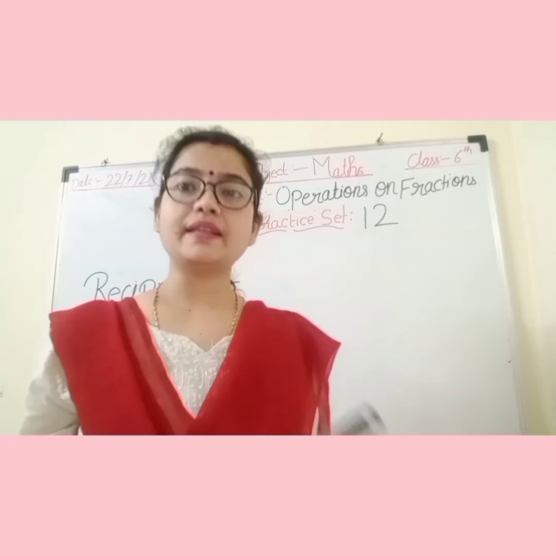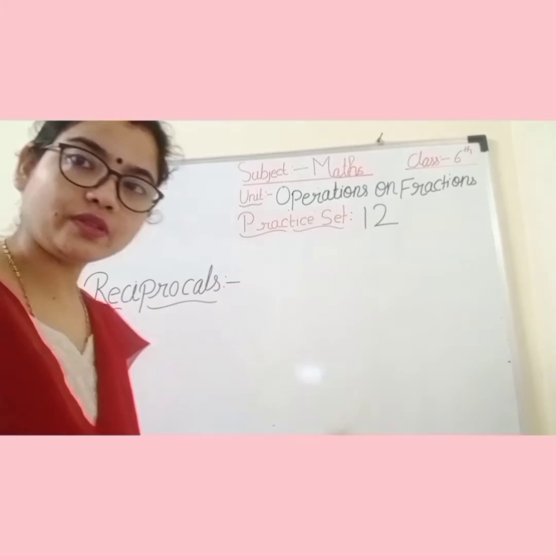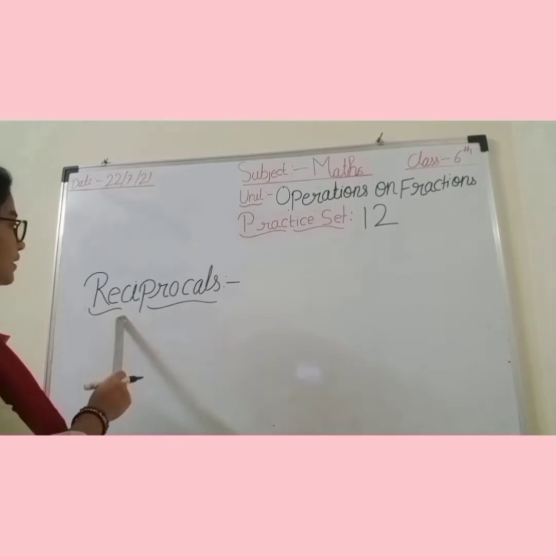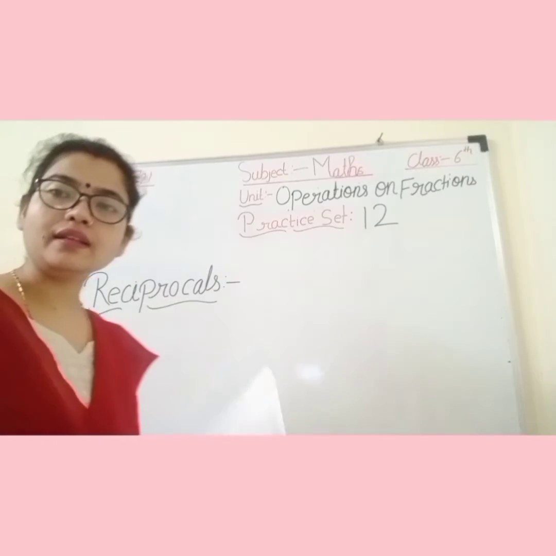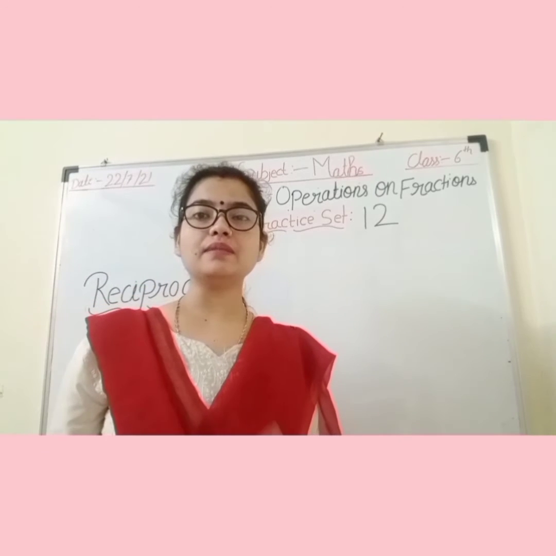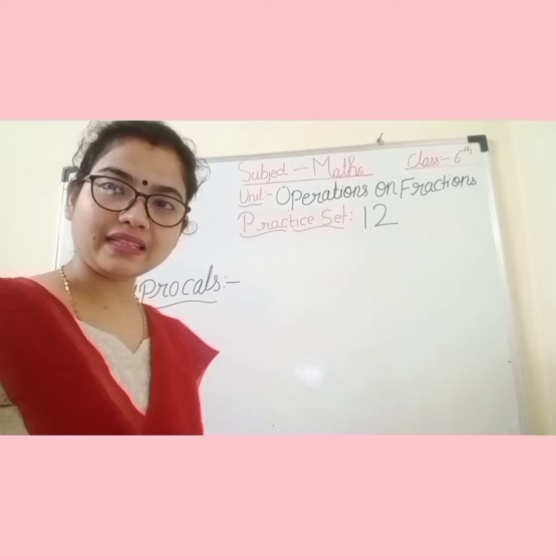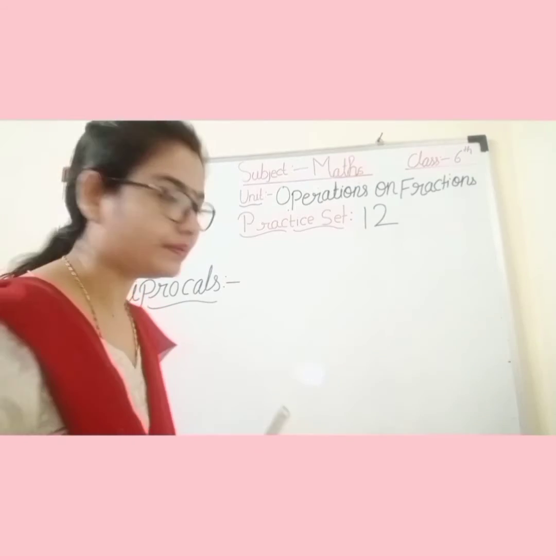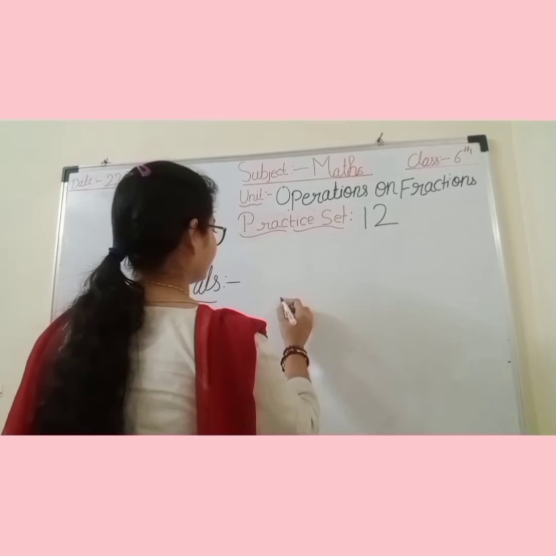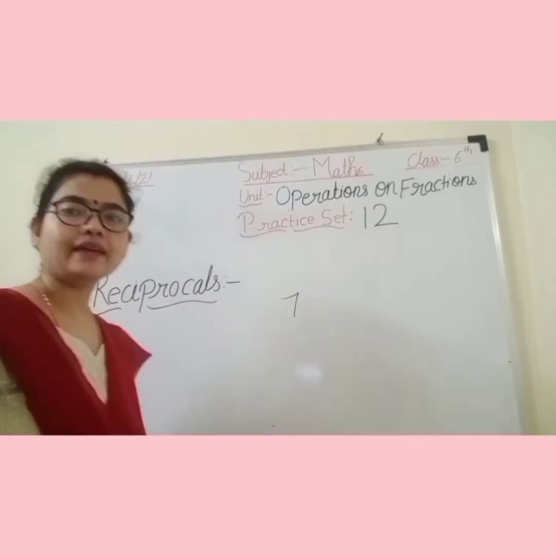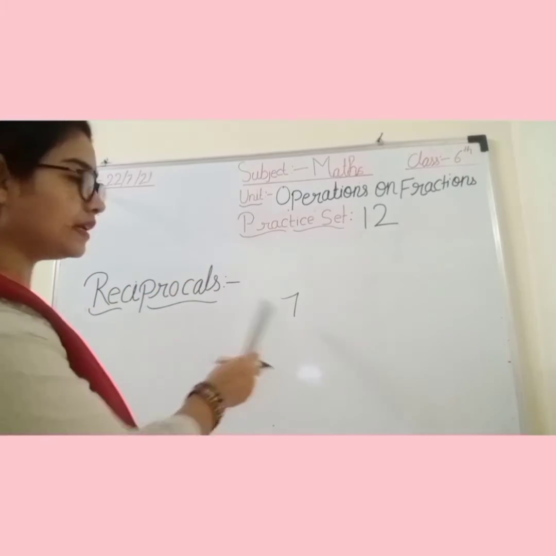Student, now we will see reciprocals. After multiplication we will do reciprocals. See here, reciprocals. Another name of reciprocals is multiplicative inverse. So I will explain this with the help of one example. Let's say I have taken 7 as a number.